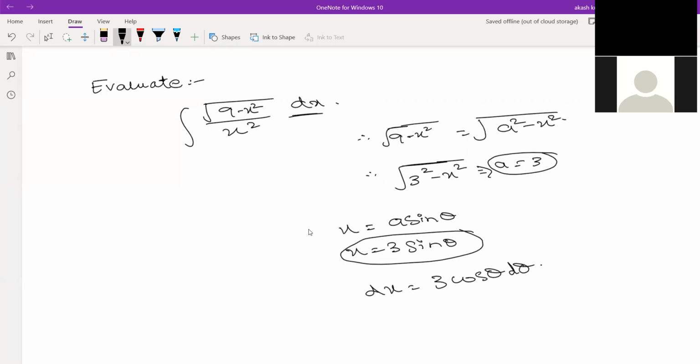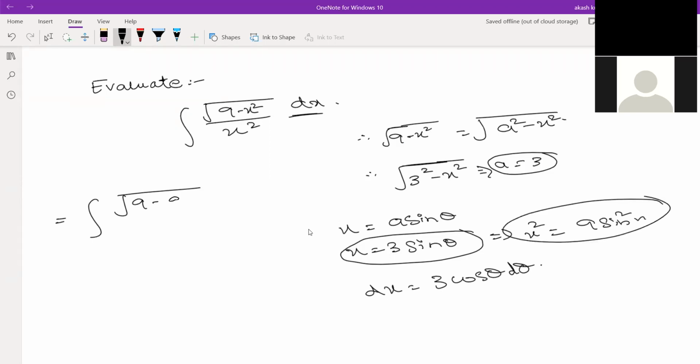So let's substitute these things inside this function. Square root of 9 minus, instead of x square, I can write 9 sine square theta, and again in the denominator, 9 sine square theta, and instead of dx, I can write 3 cos theta d theta.